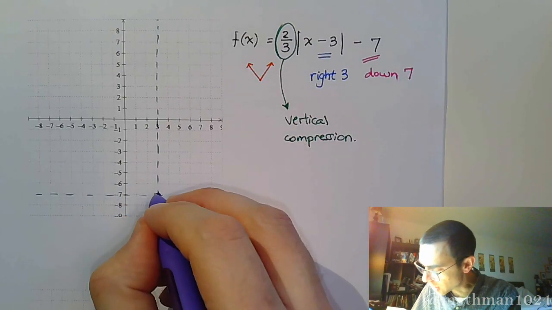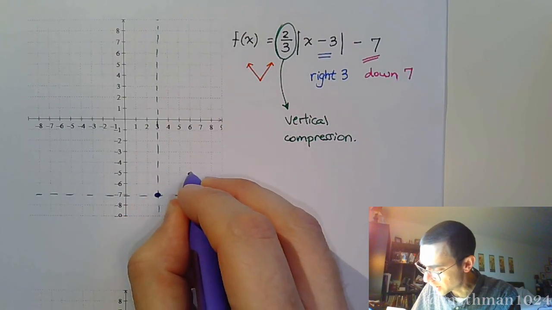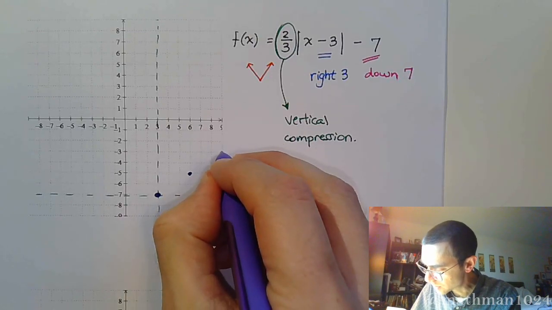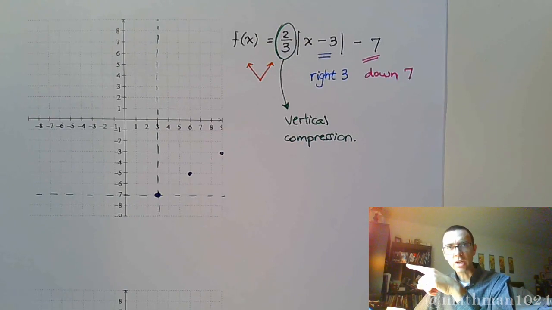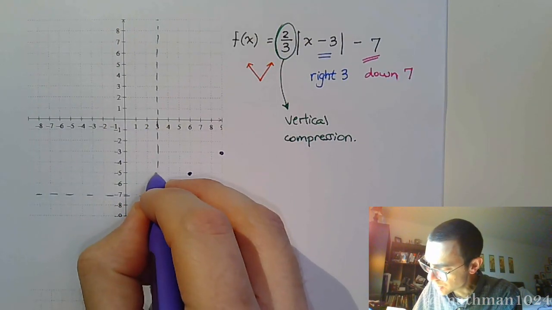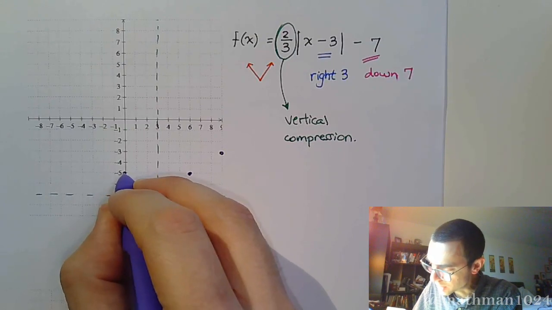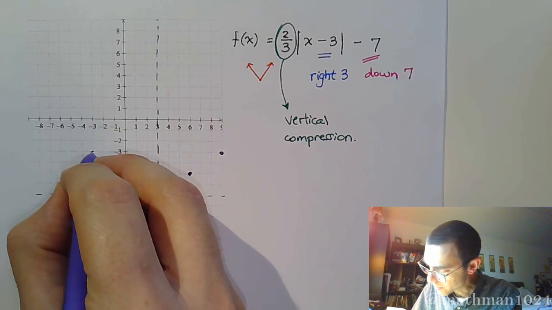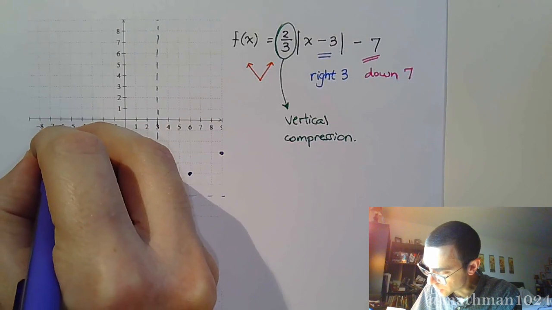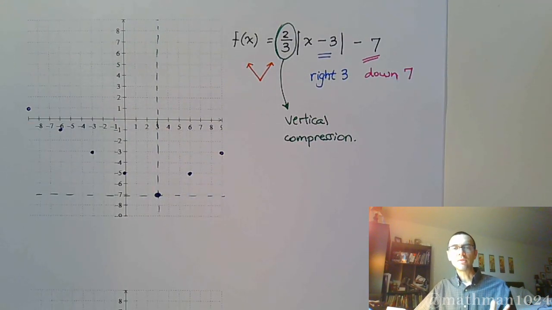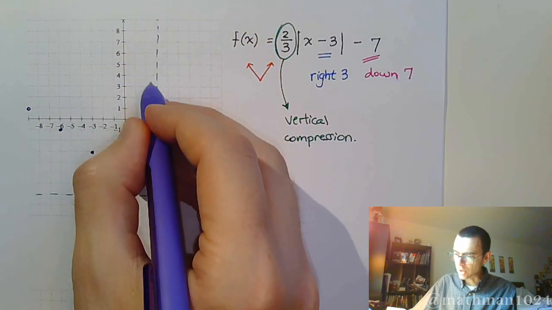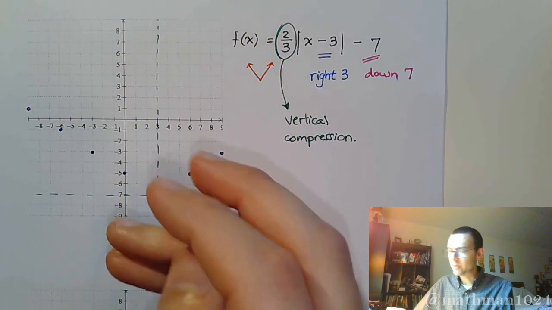So start here and go up 2, over 3, up 2, over 3. And there you go. To get points on the other side, you want to go up 2 to the left 3. Because if you remember, when we were dealing with those absolute value shapes, we talked about how there is a line of symmetry, which is going to be this guy that's going through the vertex.